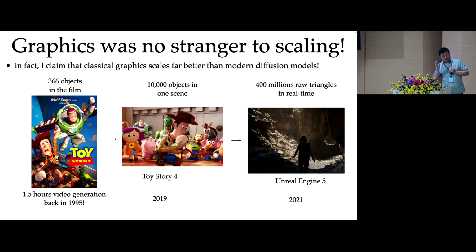And if you fast forward a little bit more, in modern Unreal Engine, we can put 400 million triangles in real time. So I claim that classical graphics scales far better than modern diffusion models. You can just keep throwing more triangles, more lights, more things at it, and the modern renderer and simulator actually won't budge. They can do it pretty well. So this scaling aspect is a pretty strong aspect of classical graphics.